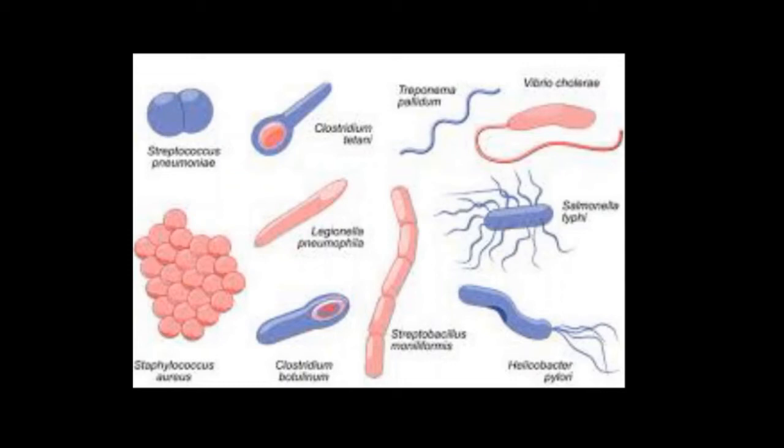So far as the arrangement is concerned, a grape-like cluster is called staphylococcus, and a chain-like arrangement is called streptococci. So you have rods for bacilli, spheres for cocci, and spiral shape for spirillum.